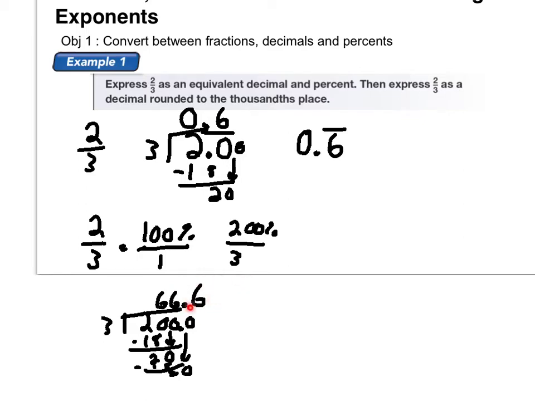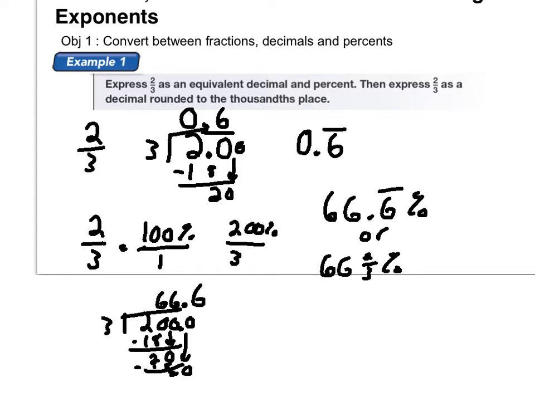But I've got to at least have 1 decimal place before I can put a repeating bar over the top. So it's the same as 66.6 repeating percent. Or we just found out that 0.6 repeating is 2/3 as a decimal, so we can say it's 66 2/3%.